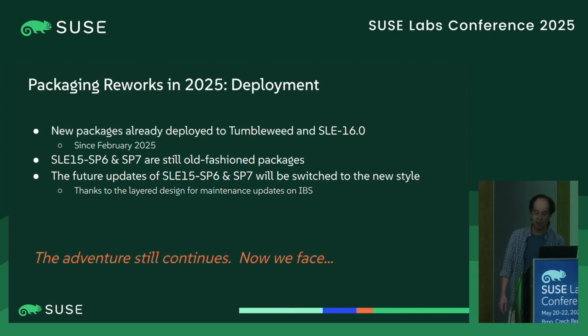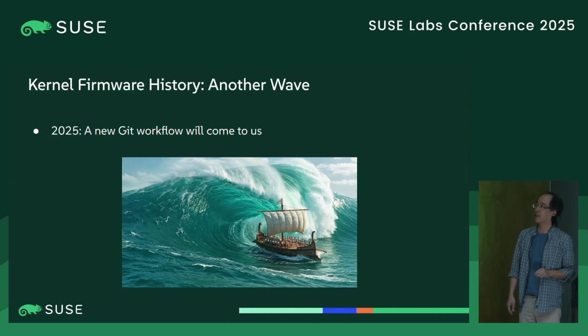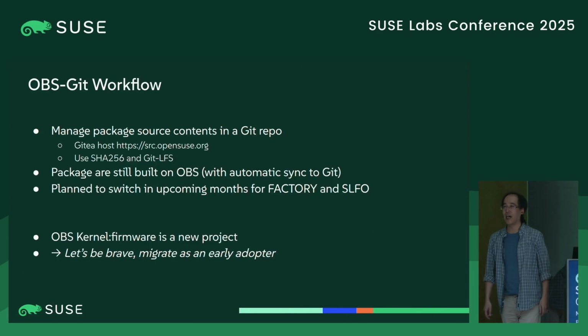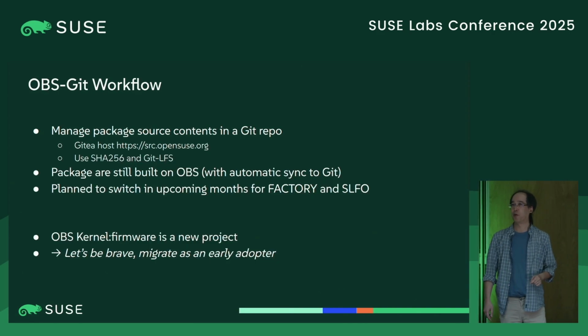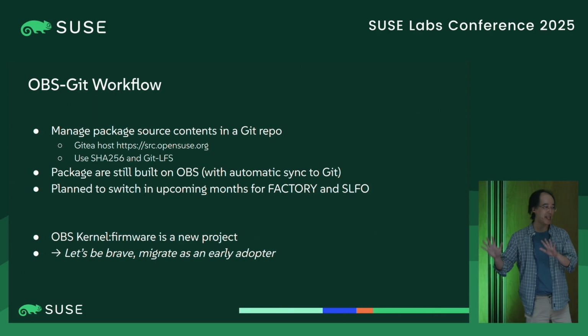So that's almost the end, I hoped, but not yet. There is a new Git workflow. There will be a better presentation in this conference, so I will skip the details.